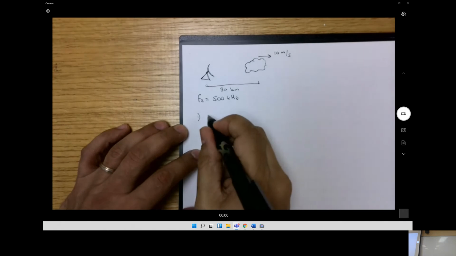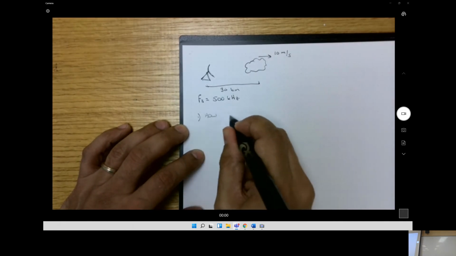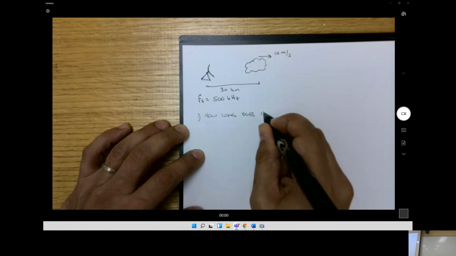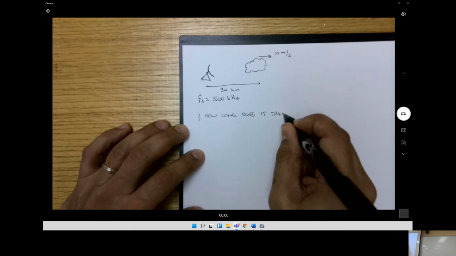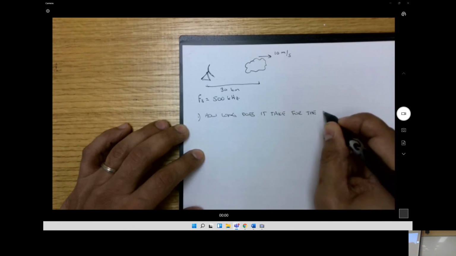So how long does it take for the echo to come through?